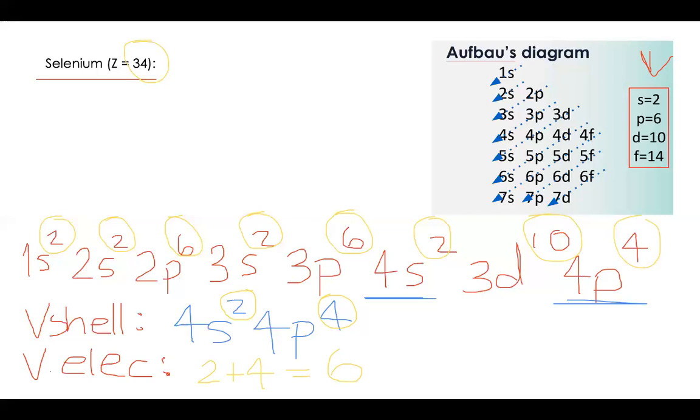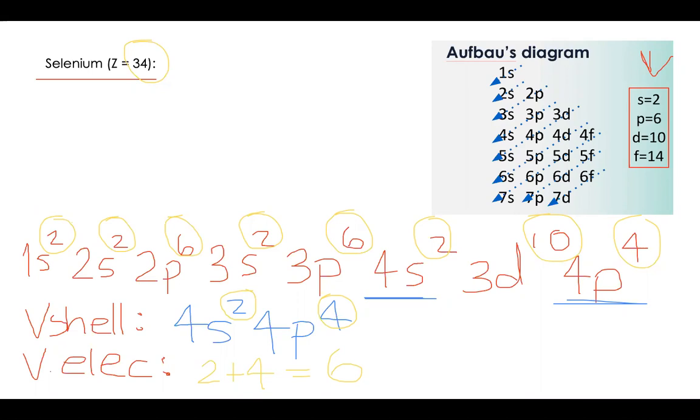It's important to consider that this is only for representative elements, the ones in the A groups. If we have transition elements, we will calculate the valence shell and valence electrons differently. Remembering, the valence shell is 4s2, 4p4, and valence electrons 6.